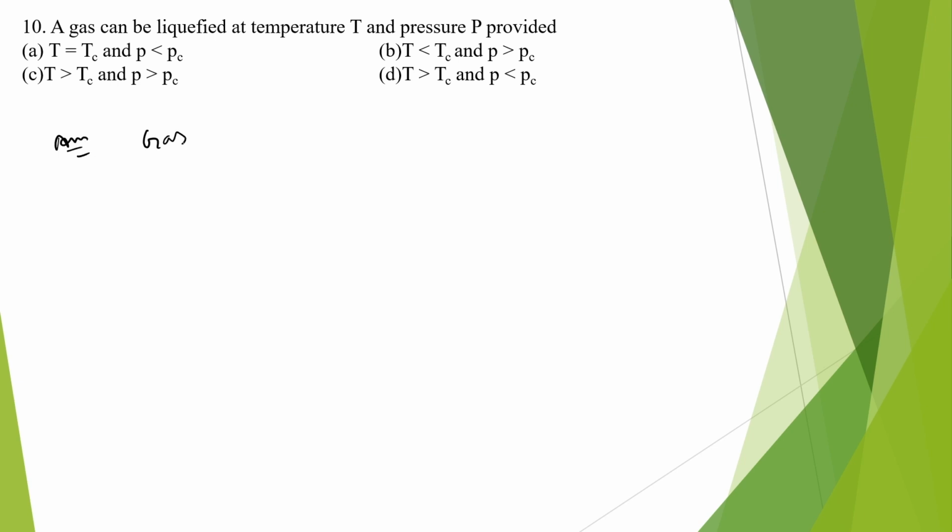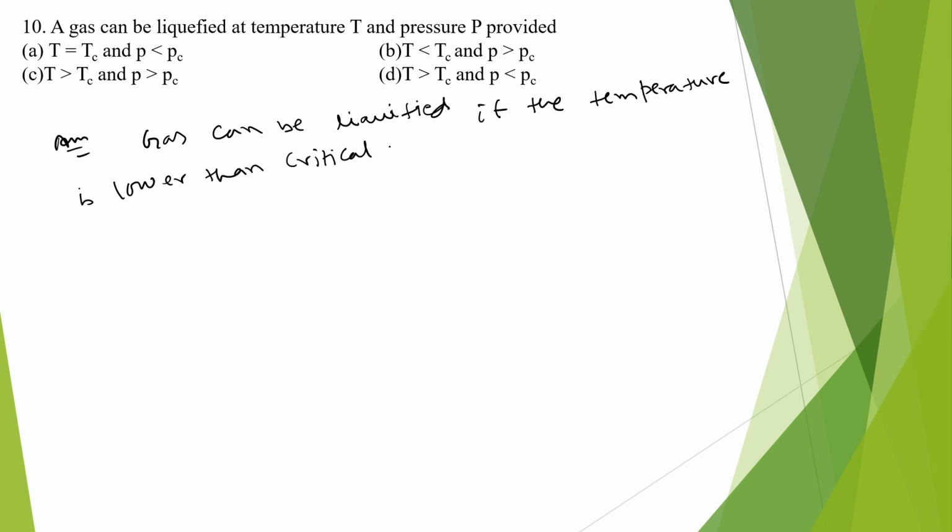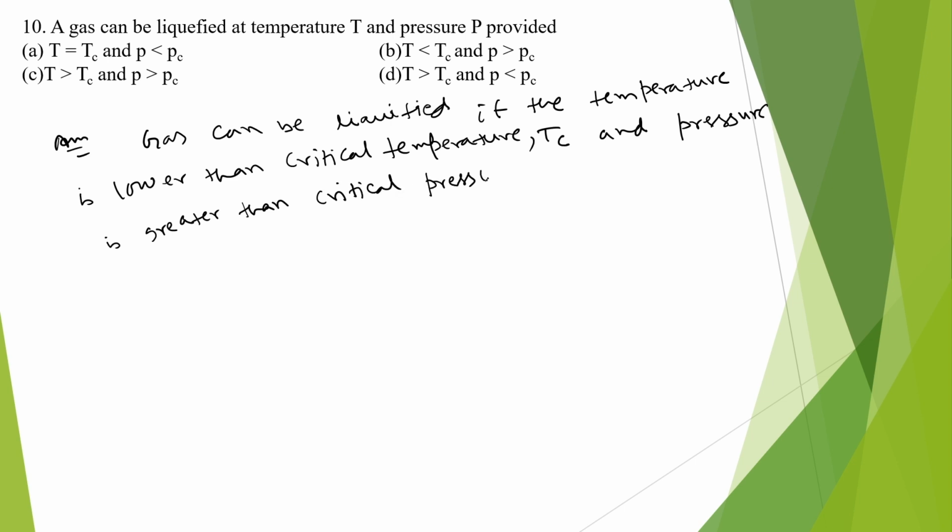We know gas can be liquefied if the temperature is lower than critical temperature Tc and pressure is greater than critical pressure Pc.